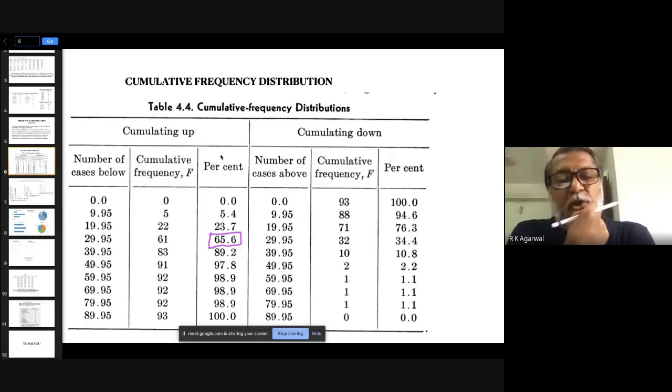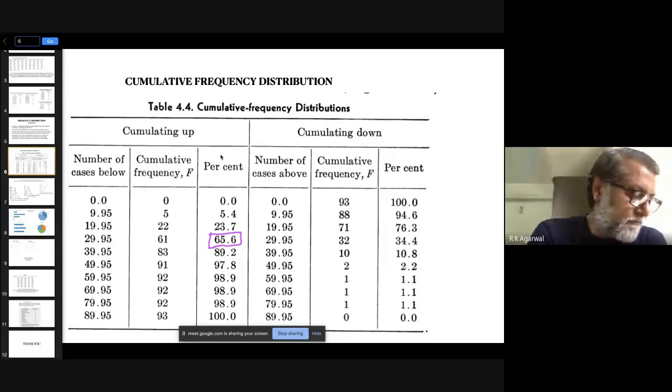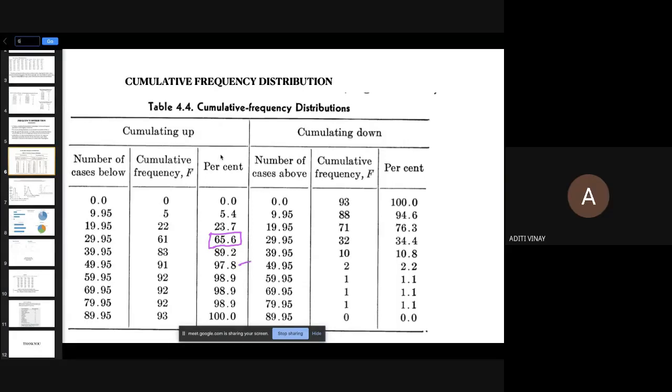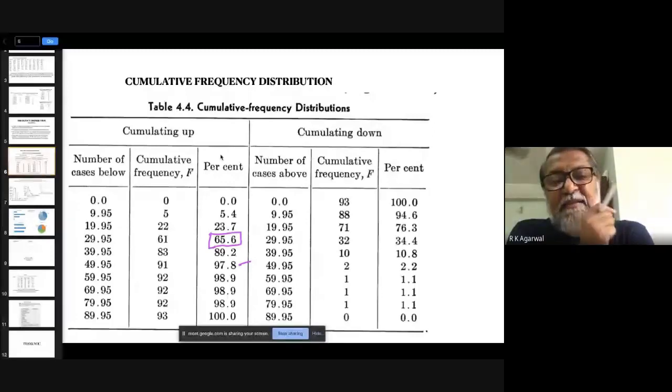What about 97.8 in the same column? 97.8% students have marks below 50, and so on.